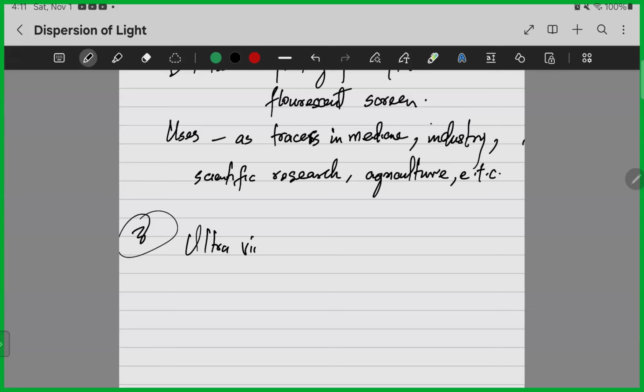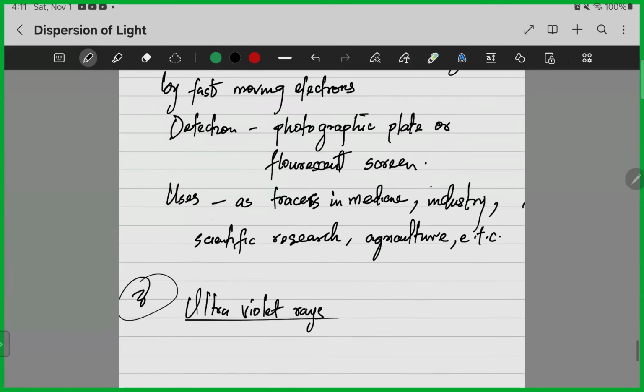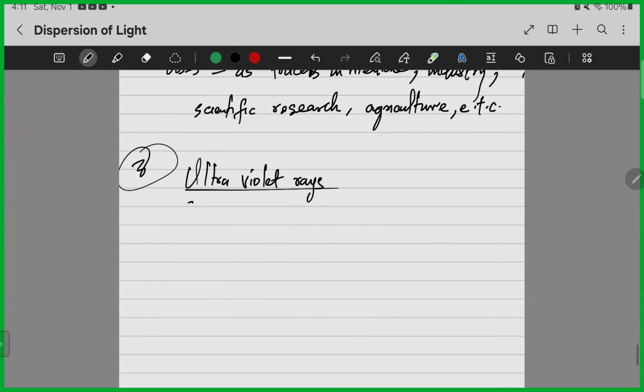Ultraviolet. Ultraviolet, the sources. All hot bodies give you ultraviolet. Your body right now, even the human body, gives ultraviolet rays. Then, for example, discharge tubes.